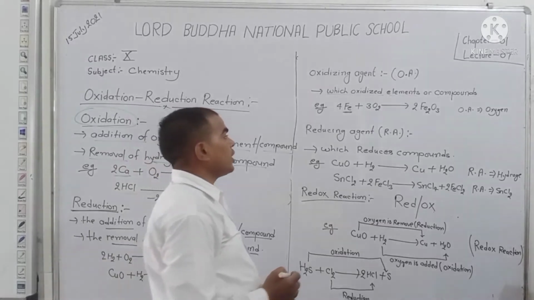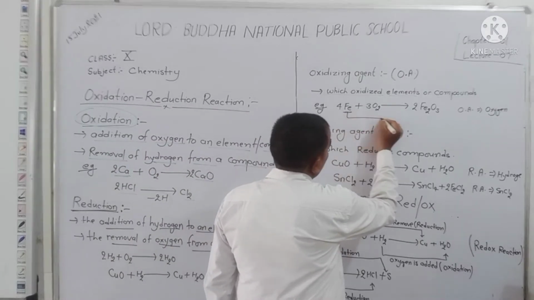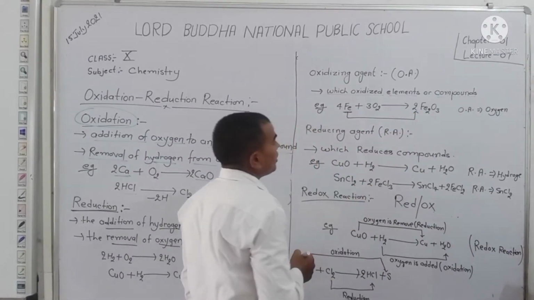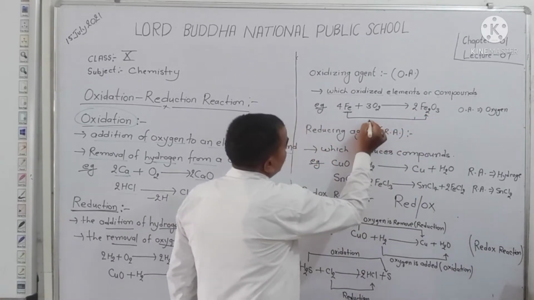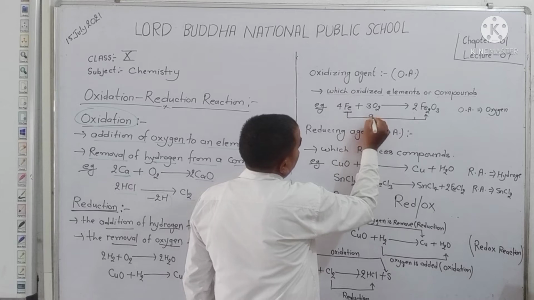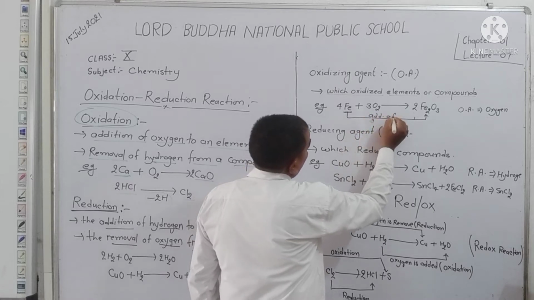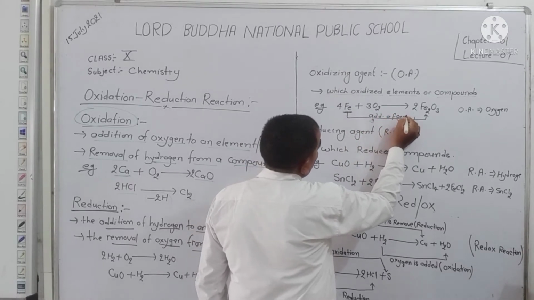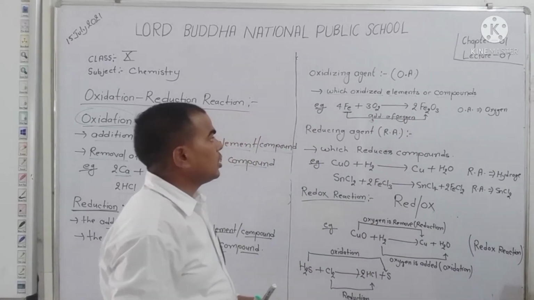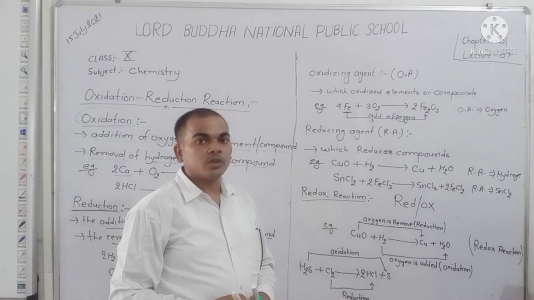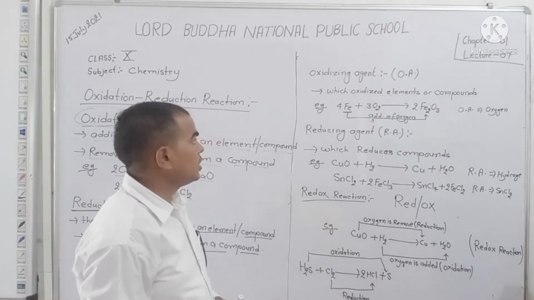In production of ferric oxide, you observe here addition of oxygen takes place.